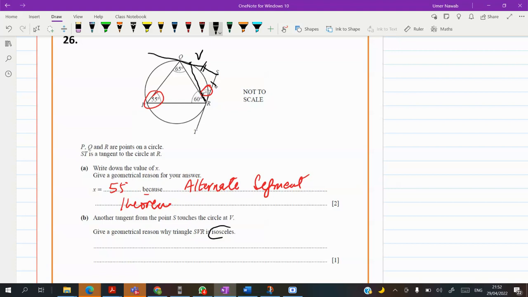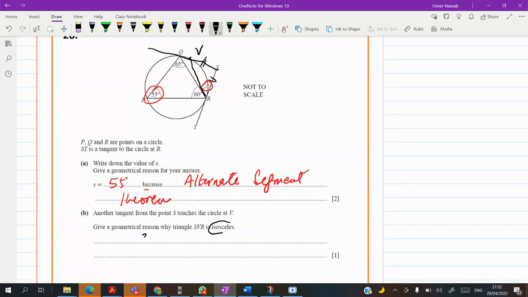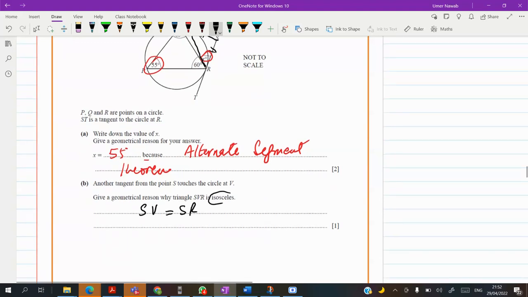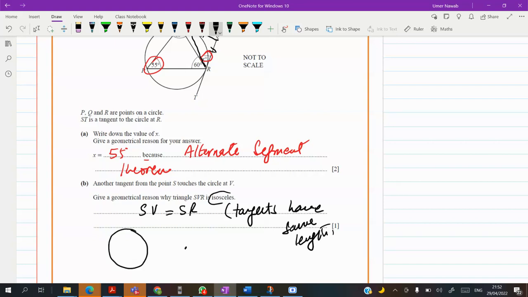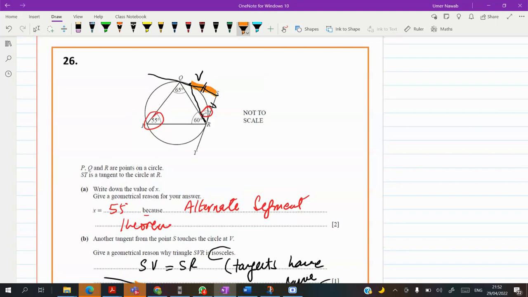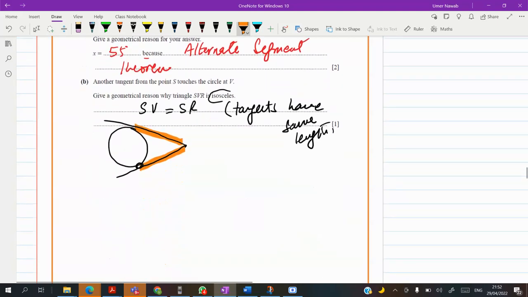Because we know SV is equal to SR. The tangents have same length, because whenever you have a circle and from outside a point you draw the two tangents, their lengths are always same. So in this case the SV is equal to SR. That's the thing.